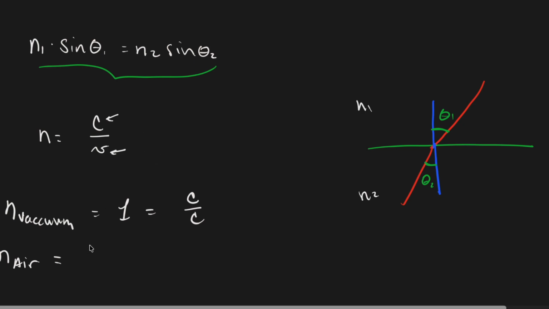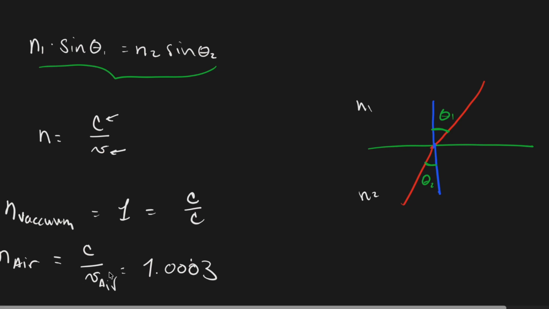So it's going to be equal to c divided by the velocity of the light in air, and it is equal to 1.0003, I think, right? So this is a refractive index. You don't need to memorize them, but it's good visualization.